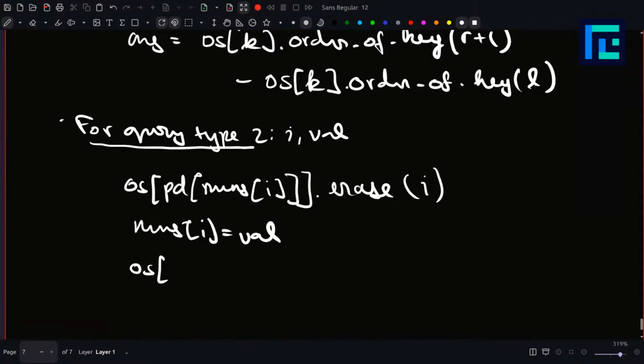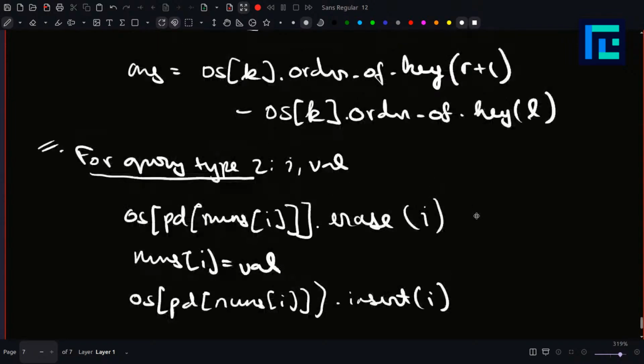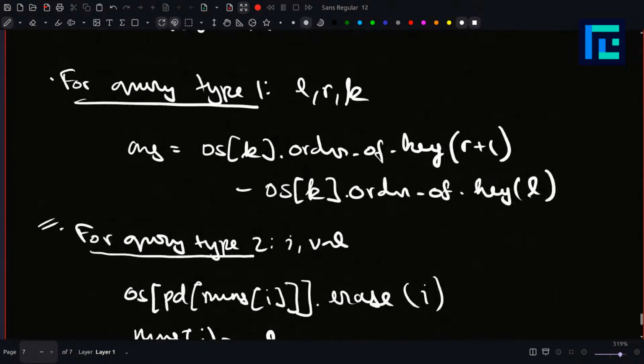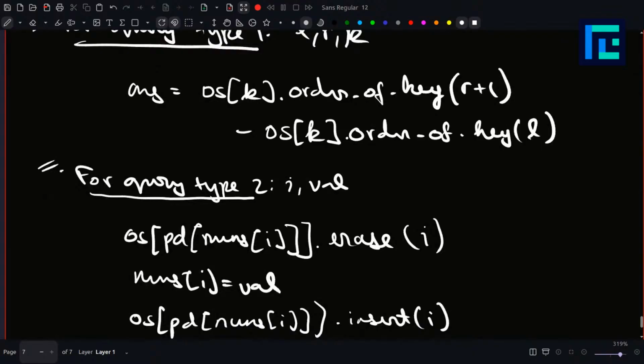Now we can again add whatever its pop count depth is. So we'll add it to the appropriate set, and we will insert key I. So that's all. This is how we solve query of type 2, and this is how we solve query of type 1, using the ordered set approach.